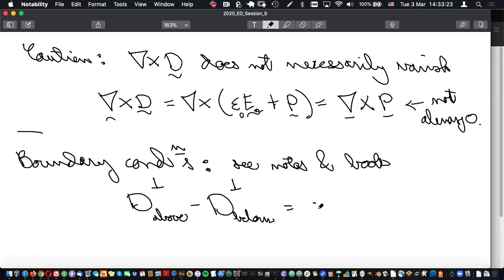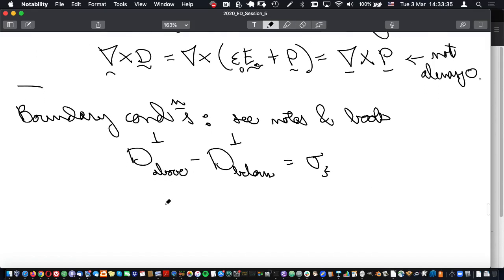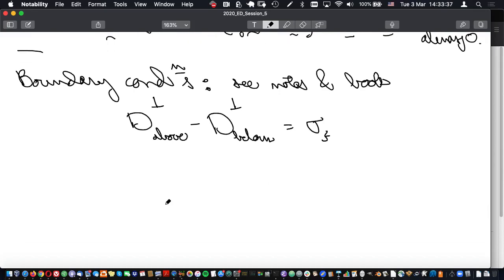Except that now, you remember, in the electrical case this was really just the charge over epsilon 0. Now it's just the free charge without epsilon 0, because that's contained in the definition of D. And again, you determine that by having a surface and doing a Gaussian pillbox around the surface.